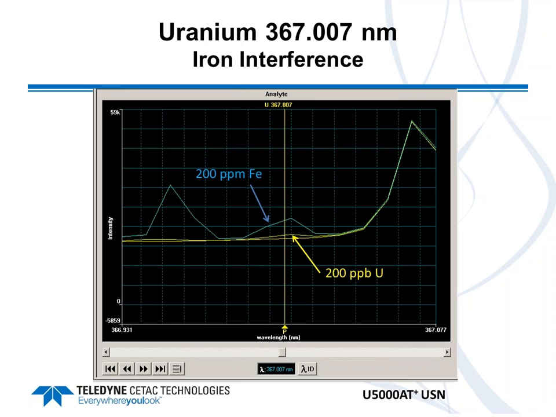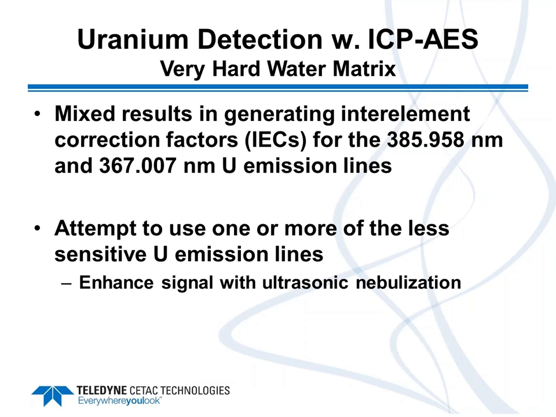There we did see measurable uranium at 200 ppb. So the next course was, could we generate any inter-element correction factors to use the most sensitive wavelengths at 385 and 367 to measure the uranium? And we got mixed results. We couldn't really get consistent readbacks of the standards that we had prepared.